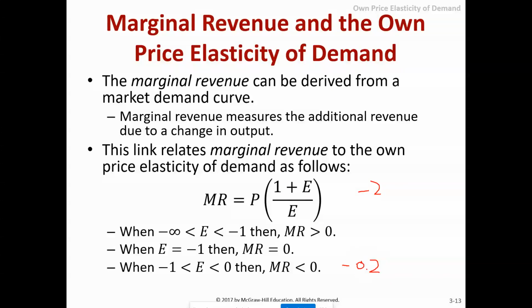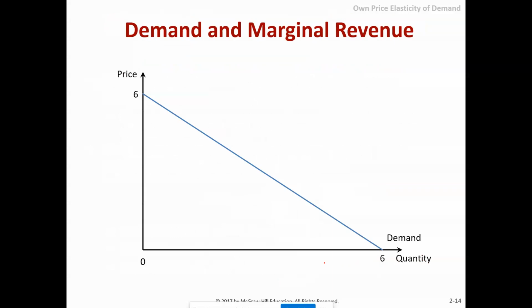Here 1 minus 0.2 is 0.8. So the numerator is positive and the denominator is negative. So the whole thing is negative. Marginal revenue is smaller than 0.